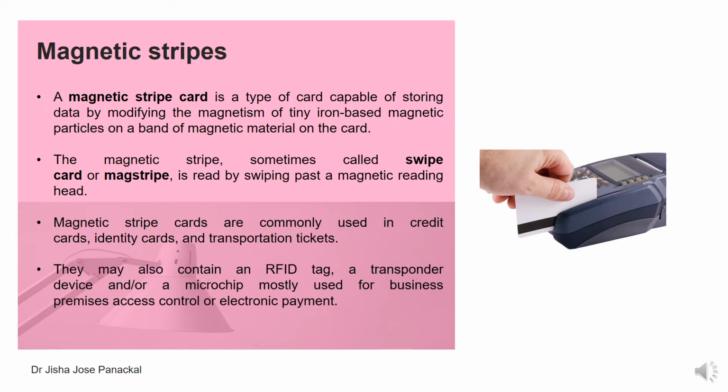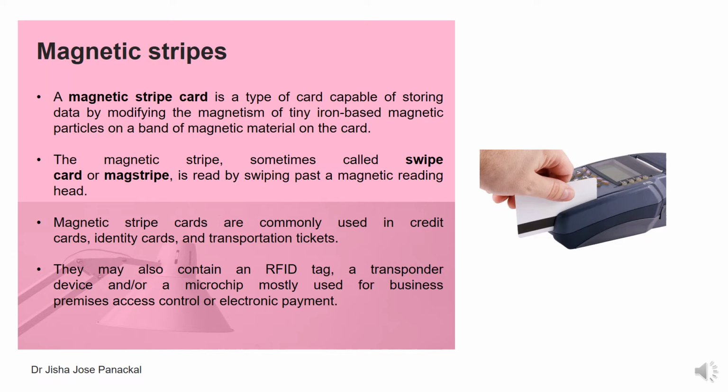They may also contain an RFID tag, a transponder device, or a chip or microchip, mostly used for business premises, access control or electronic payment. Now most ATM cards are replaced with this microchip rather than the old method using magnetic stripe only.